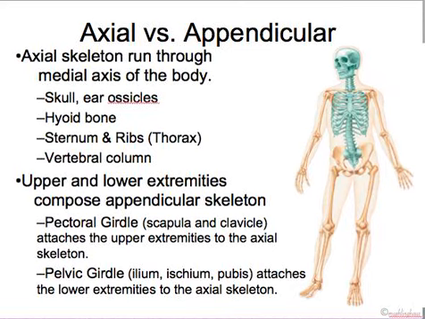Looking at the human skeleton, we can separate it into the bones that make up the trunk. See, that's the bluish stuff here. And then the bones that make up the appendages, the extremities that attach to the trunk. So the trunk is basically the spinal column, up and down to the skull.